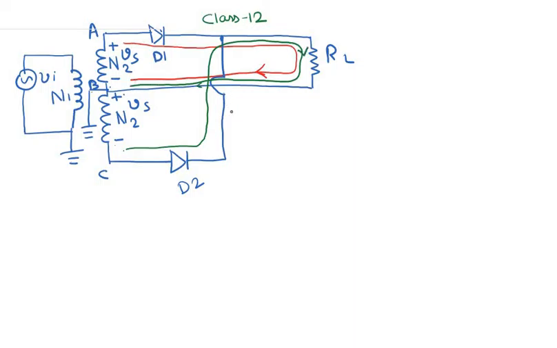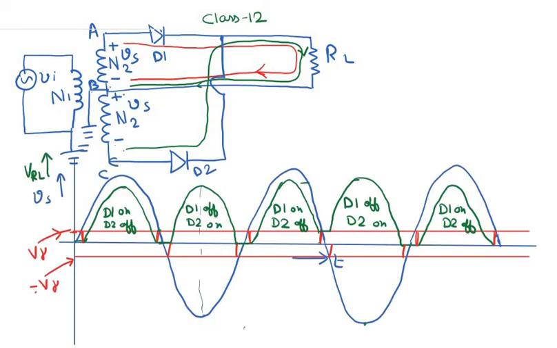Note that the direction of the current through RL is the same, both when Vs is positive and negative. So the voltage that appears across RL is always positive.